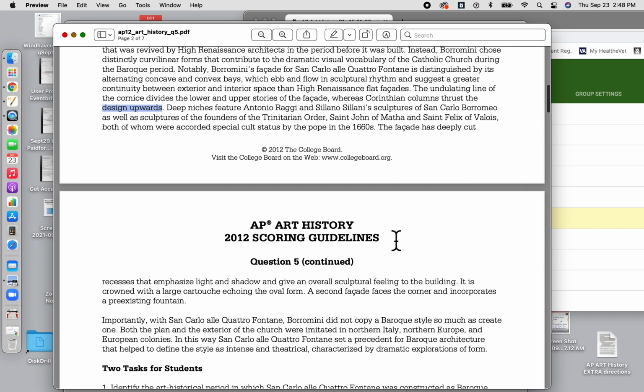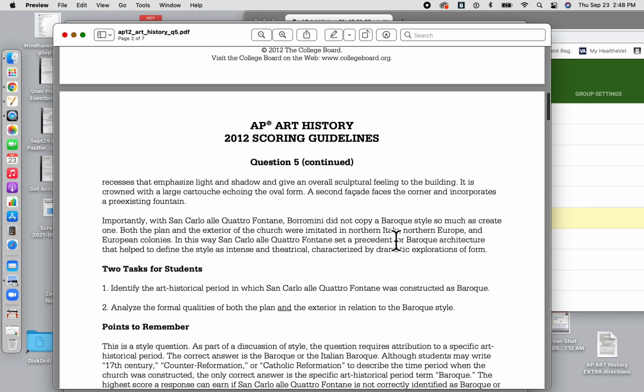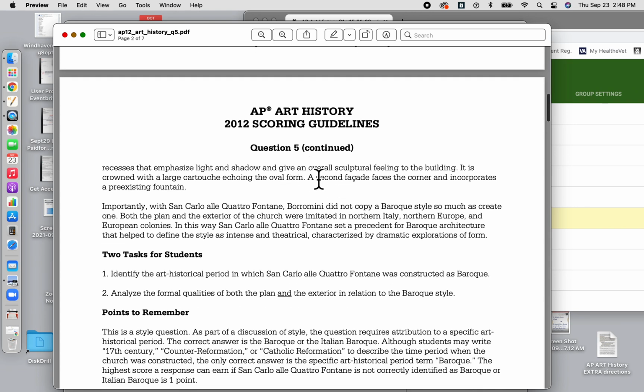So these are all important things to understand. And again, it gives it a sculptural feeling to the building itself. It feels like the building itself is a piece of sculpture and not just a big square building that they shoved in there.